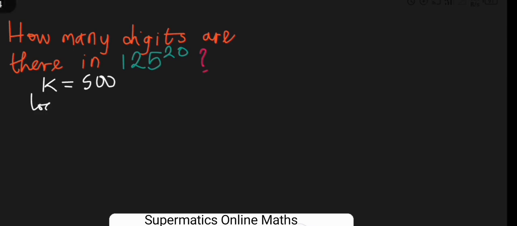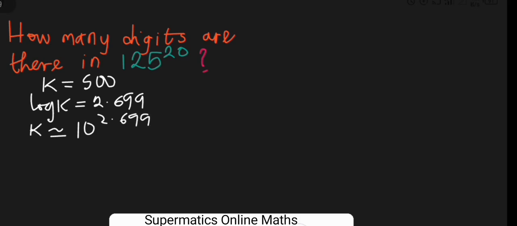Let k be equal to 500. Then the logarithm of k to base 10 is 2.699. That simply means that k is approximately 10 to the power of 2.699. Don't forget that the logarithm of 100 has 2 in the integer part because it is 10 to the power of 2.